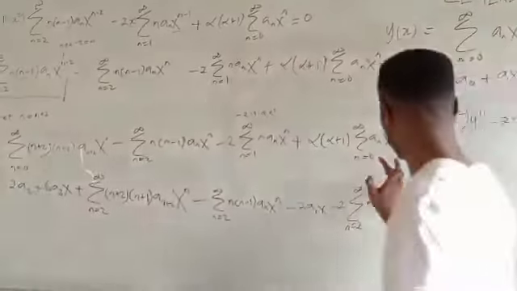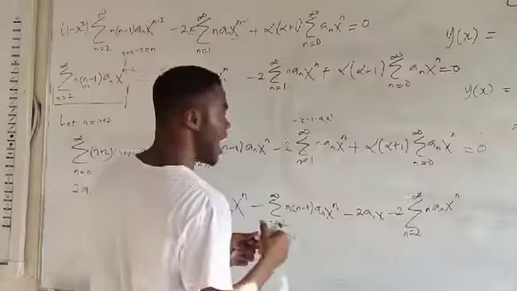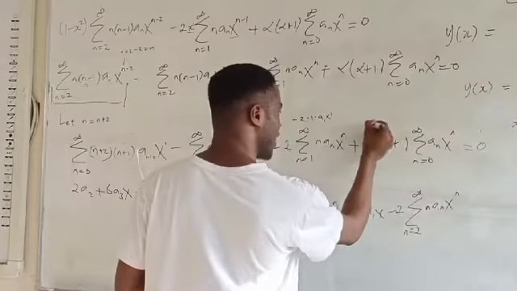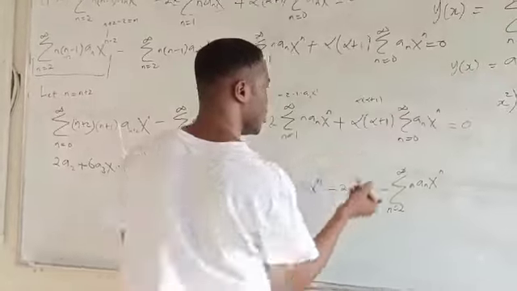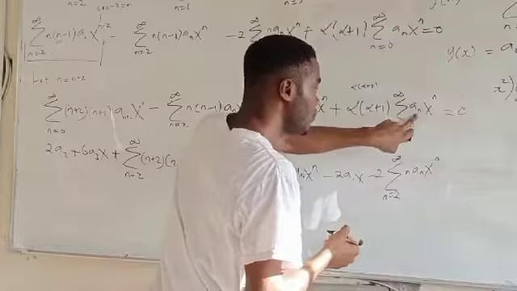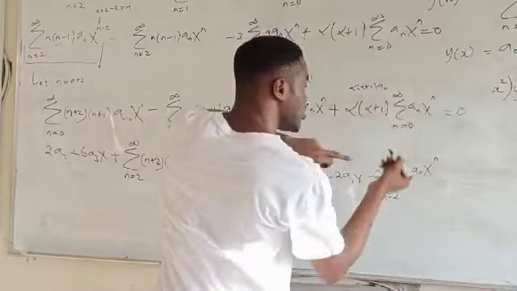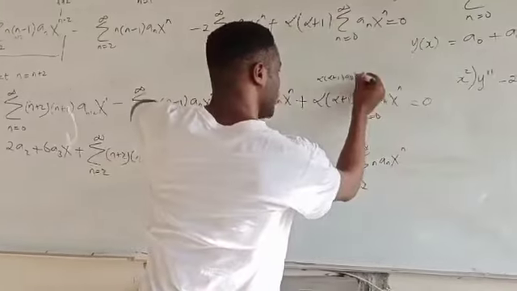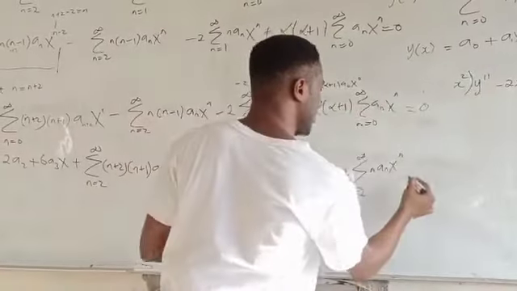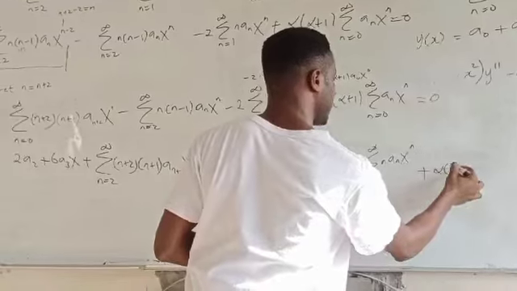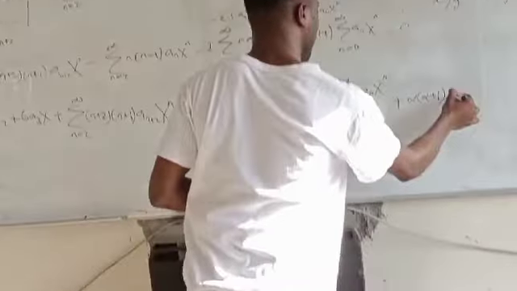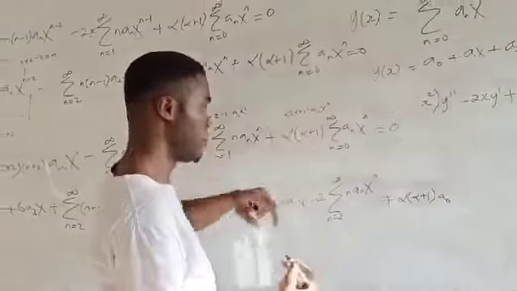So when n is equal to 0 in this term, we have alpha bracket alpha plus 1, a naught and x raised to the power of 0. So the next thing we have here is plus alpha bracket alpha plus 1 a naught, because x raised to the power of 0 will give me 1.